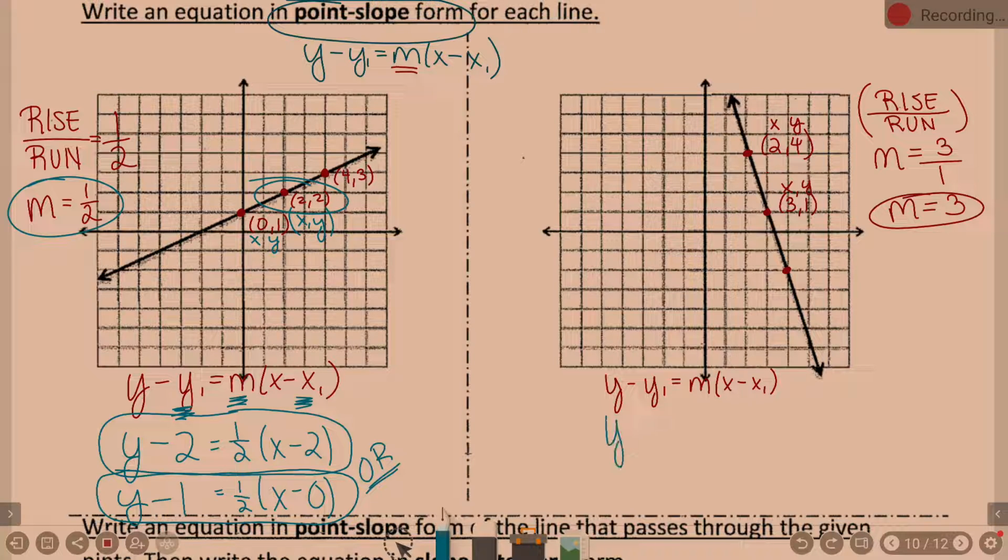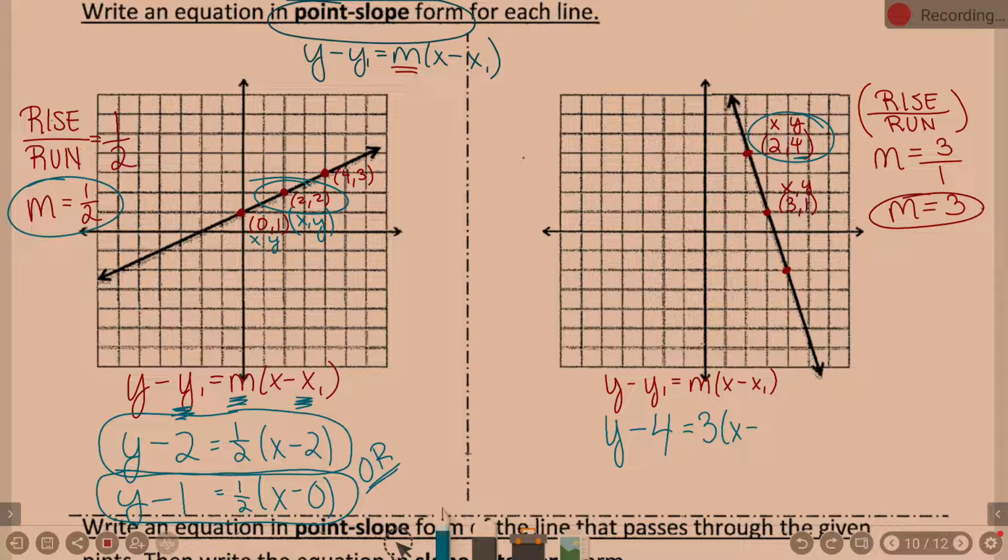Y minus, what's a y coordinate you want to use? 2, 4. So the y is 4. So y minus 4 equals m. What's m? 3. Slope of 3 times x minus, now, David, you said 4 here, right?